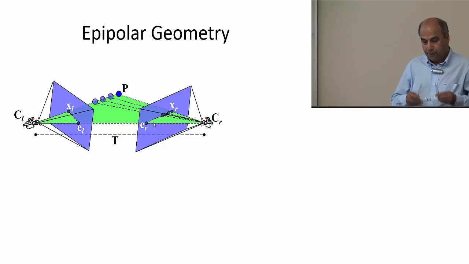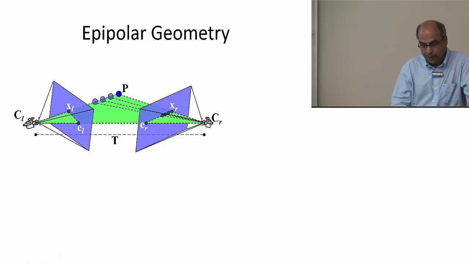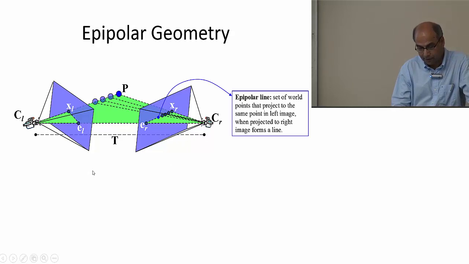Okay. So now we are going to assume that these cameras are separated by a translation vector T, and so these points which form a line, which is the projection of actually one point, which is the image of this 3D point and all the points here, it's called the epipolar line.